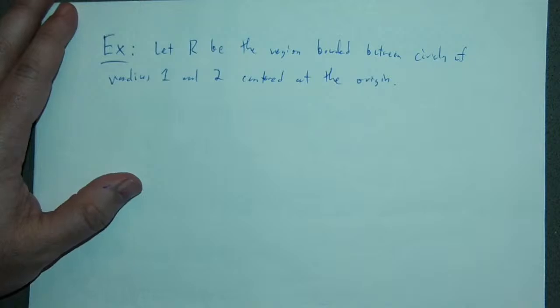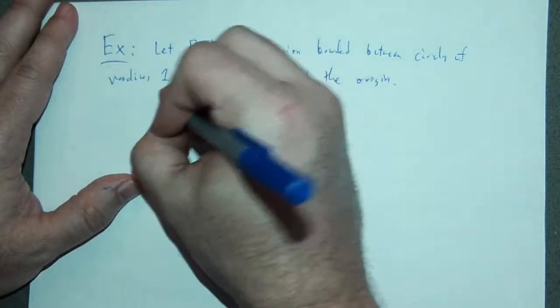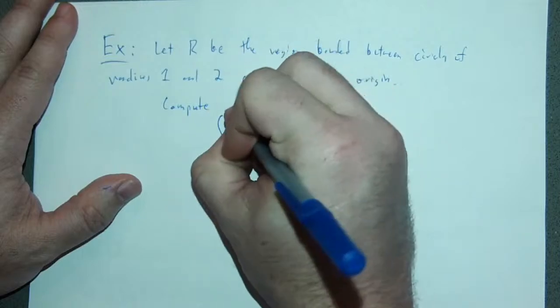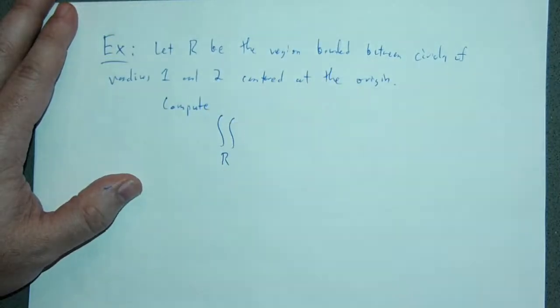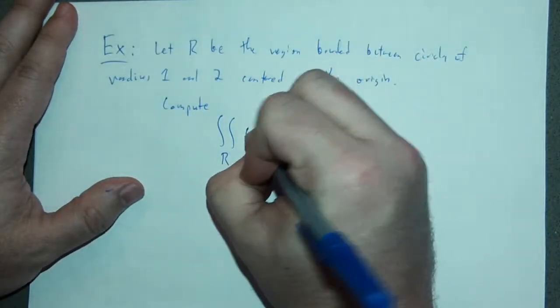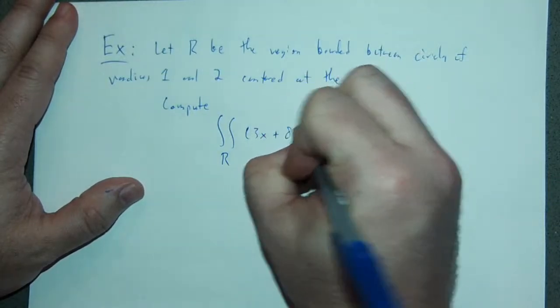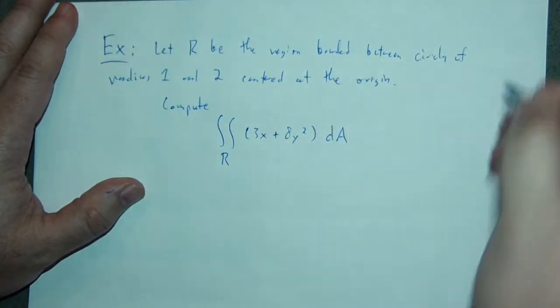Compute the double integral over R of 3x plus 8y squared dA.